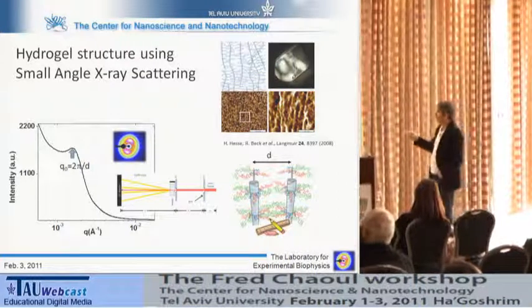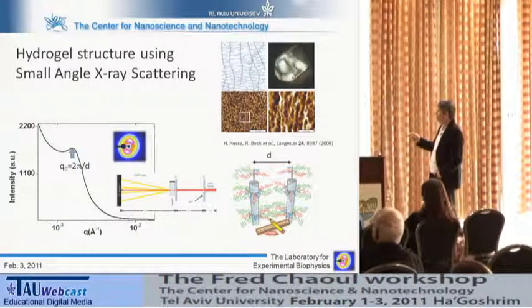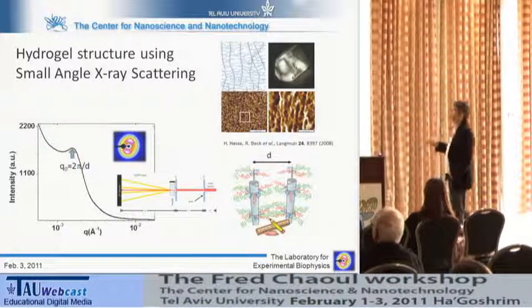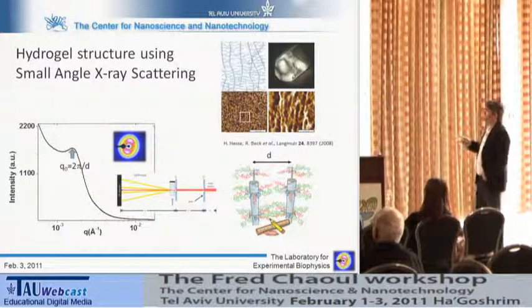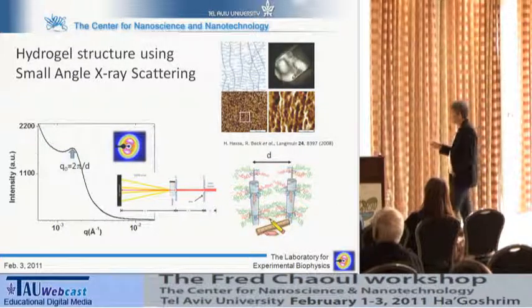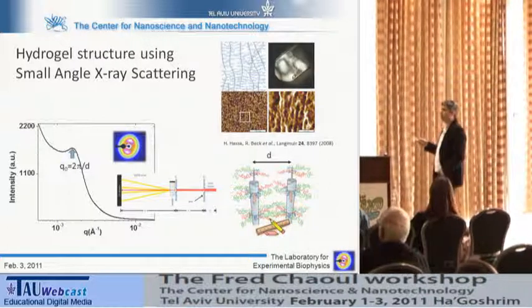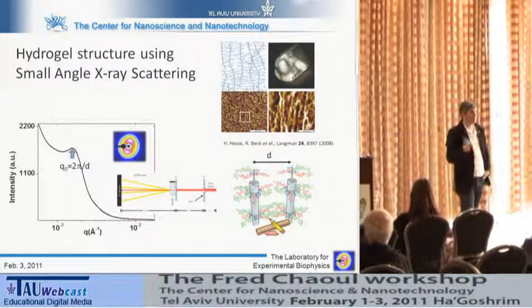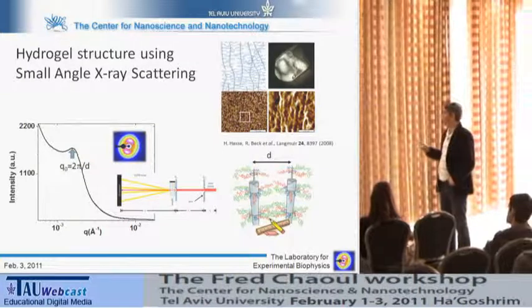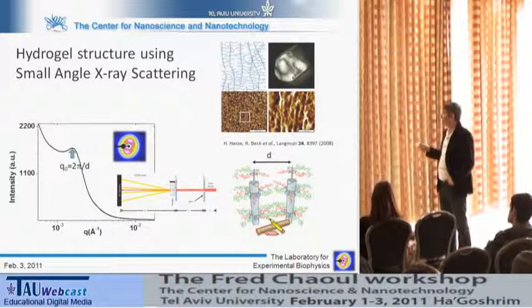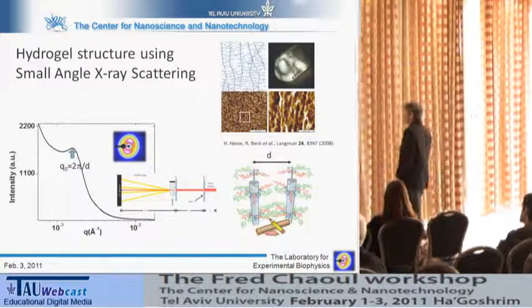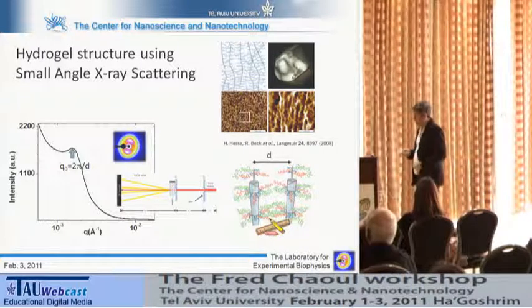And in order to study what is the size in between two filaments, we use the small angle X-ray scattering technique that gives us the correlation length in between these two superstructures, these two filaments. Okay? So X-ray gives us the average dimension in between these filaments.